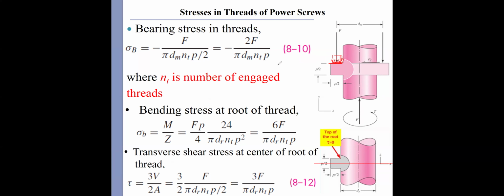Of course, it's still not the major stress to cause the power screw to fail. And the bending stress and transverse shear are also not the major stresses to cause the power screw to fail.